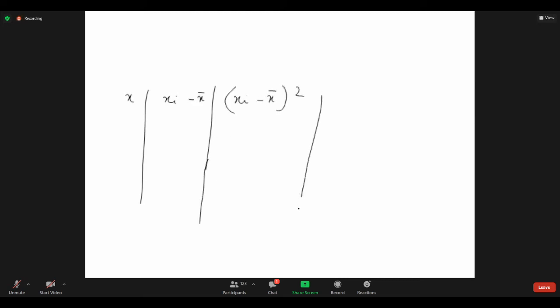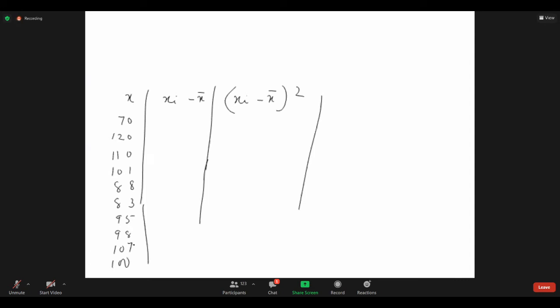So I am going to find S square, that is sigma of xi minus x bar whole square. For that I need xi minus x bar, then xi minus x bar whole square, then the sum of that. The values of x are 70, 120, 110, 101, 88, 83, 95, 98, 107 and 100.